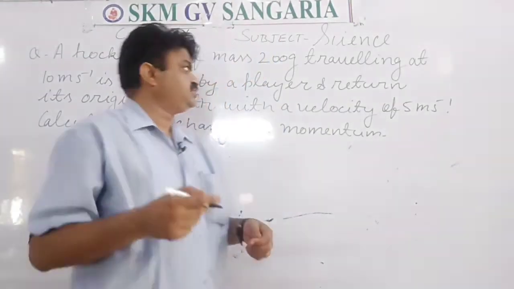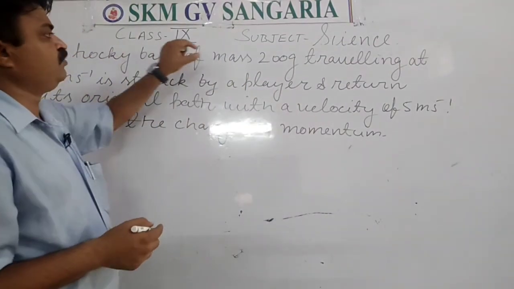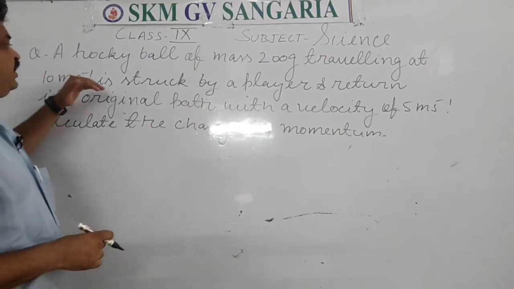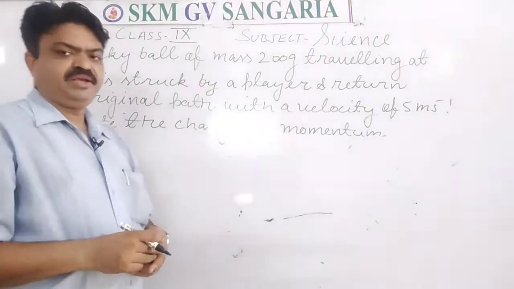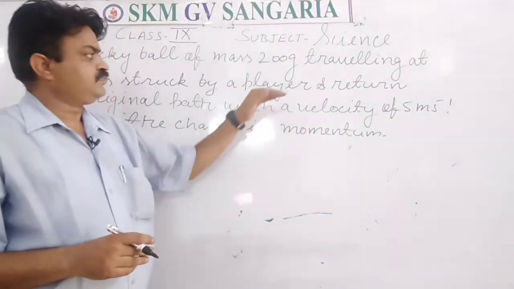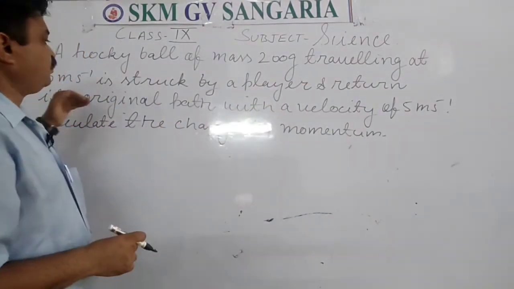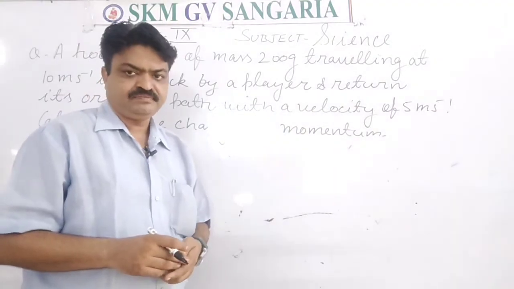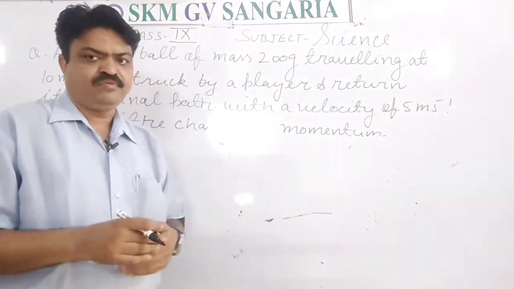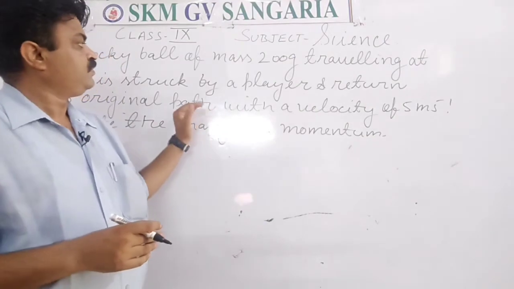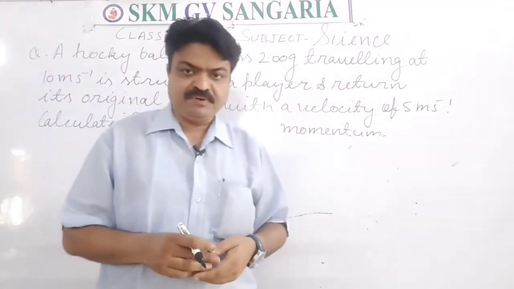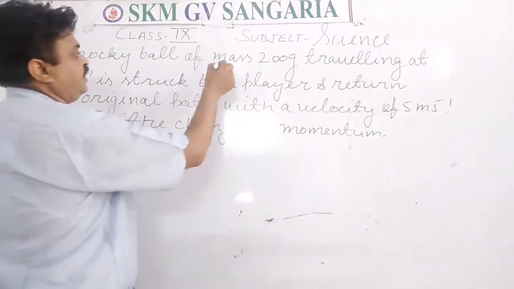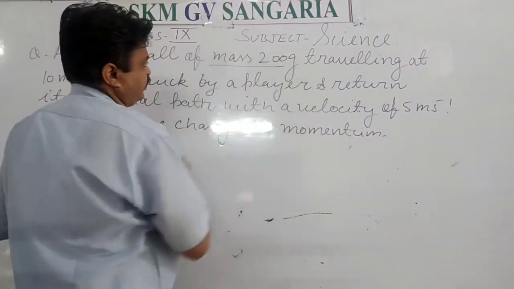So student, in this question, a hockey ball of mass 200 gram traveling at 10 meter per second is struck by a player and returns on its original path with a velocity of 5 meter per second. Like a game of hockey is being played by the hockey players, in which a ball is used and the mass of the ball is 200 gram.